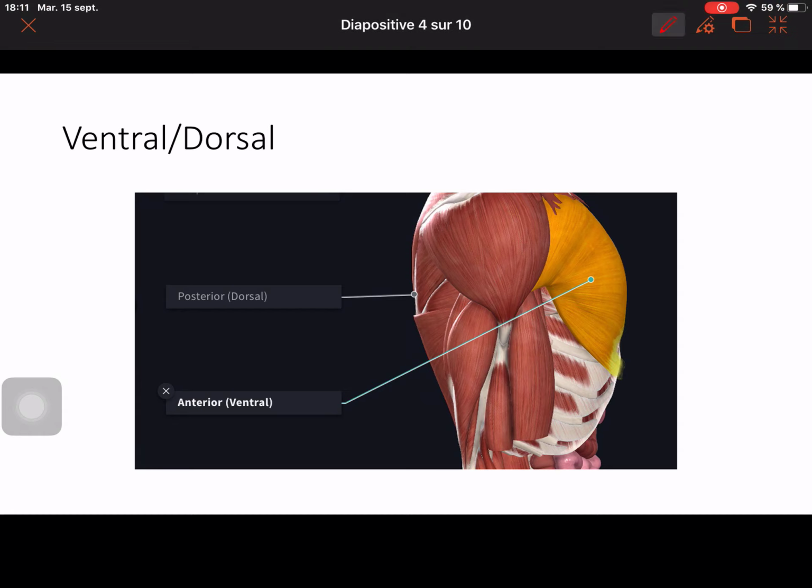As we see here in the picture, this is the ventral. We took an example of the upper part of the body. This is its ventral part, and this is its dorsal part. Here we must know that they are also called anterior and posterior.